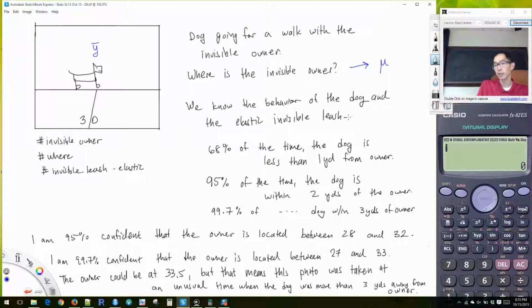Okay. And we know the behavior of the dog on the invisible leash. That is the central limit theorem.